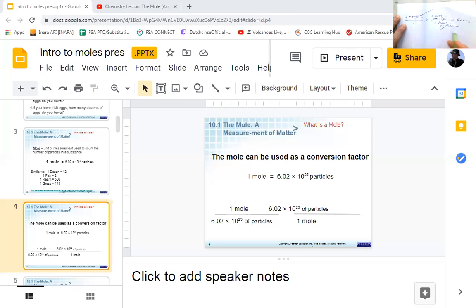Mass in grams. All right, so what is the mass of 1 mole of carbon? 12. That's what molar mass is, right? See, I don't have to add anything up. I can just look this thing up.